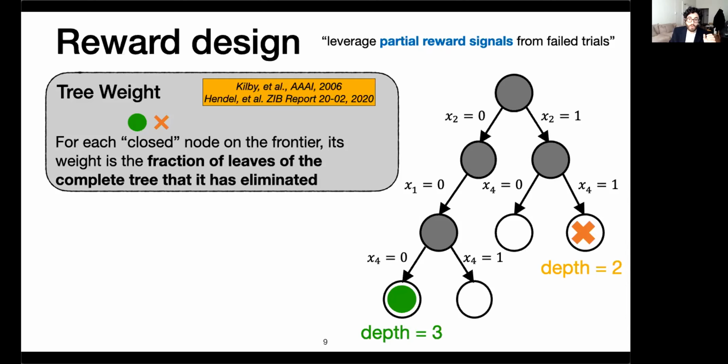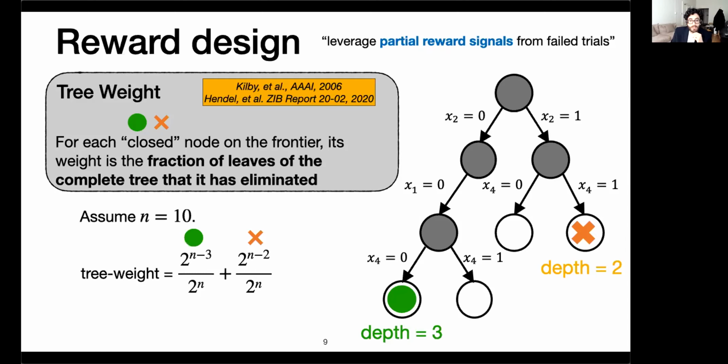So obviously, if all those nodes at the frontier were fathomed, then we'll have completed 100% of the search. In this case, for example, the tree weight is something like 2 to the minus 3 plus 2 to the minus 2. So it tells you that in the binary case, you've eliminated 3 out of 8 of all possible 0-1 assignments.